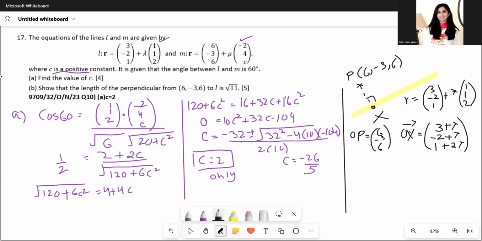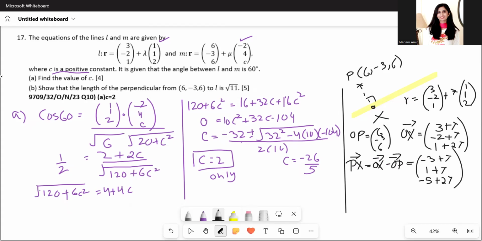Next you have to find the vector PX, which is OX minus OP. So subtract these two. 3 plus lambda minus 6 would be -3 plus lambda. Minus 2 plus lambda minus minus 3 would be 1 plus lambda. And 1 plus 2 lambda minus 6 would be minus 5 plus 2 lambda.